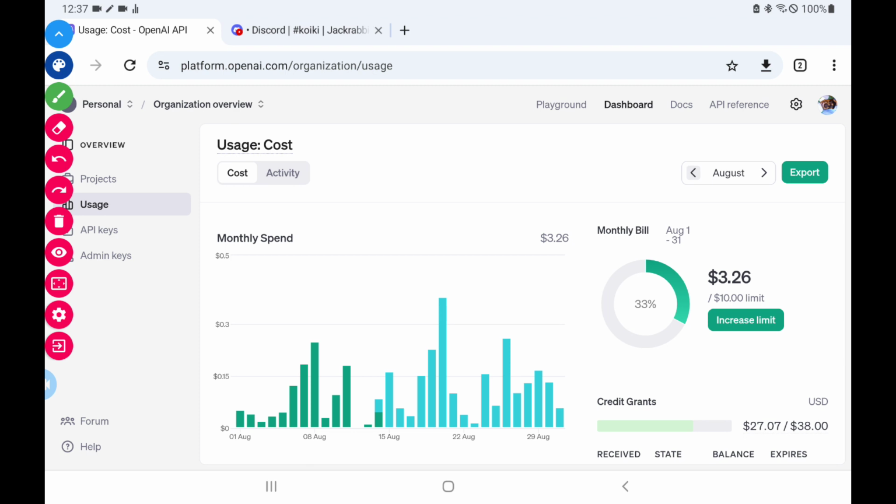Even if you're running something like I am, a Discord bot, this is running online. This is running in the Discord bot where anybody can log in, go into the Koakai area, and ask it a question. When they do so, it is going to cost me for that request.